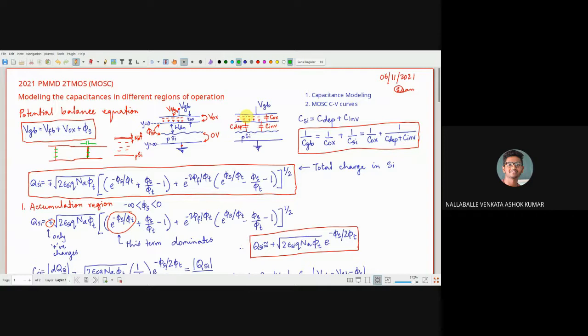So in the PN junction, we have both negative immobile ions and positive immobile ions due to P and N. But here it is only P type, no? I mean, positive immobile ions are there in the oxide, right? Okay. Dipole. So, think about it.